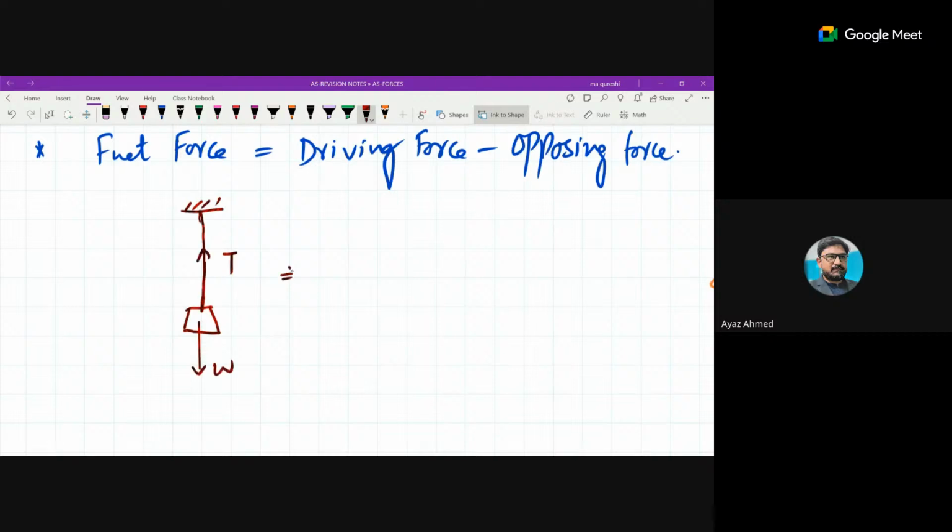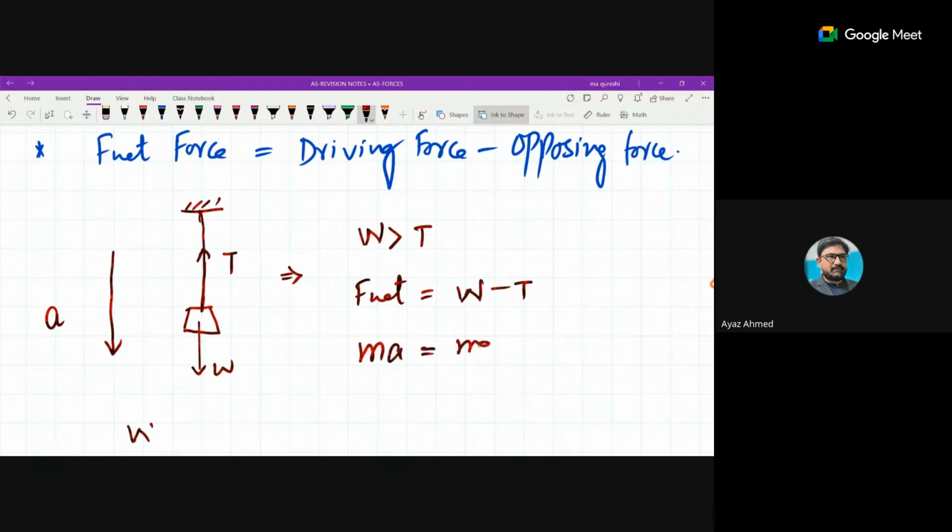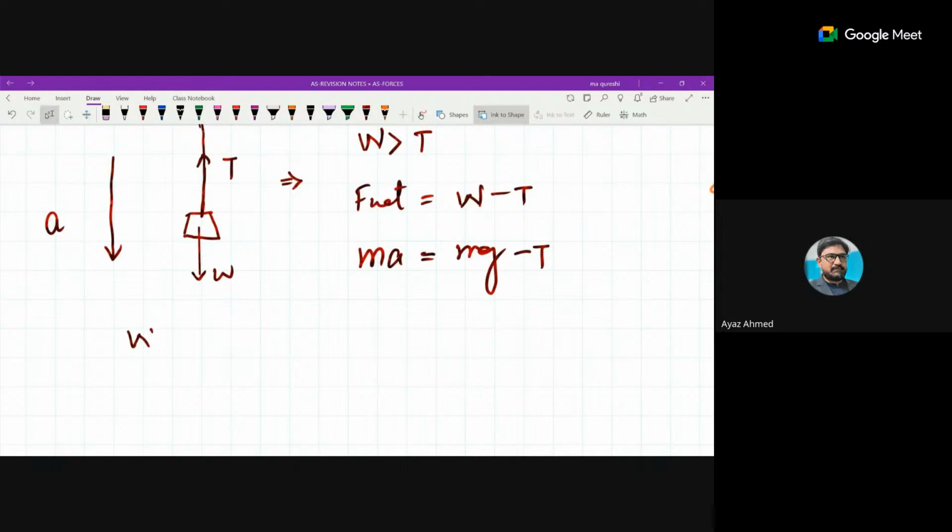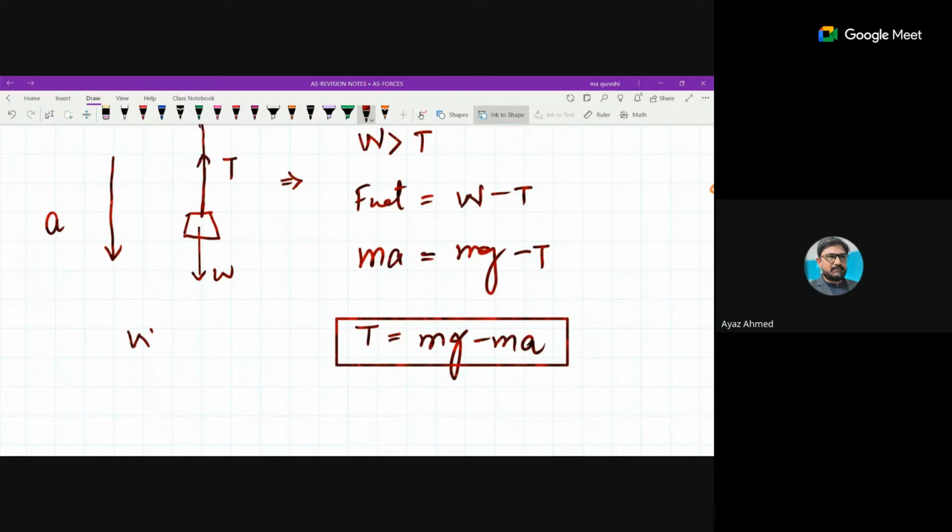So you can simply say that if the object is accelerating downward, then definitely the weight must be greater than tension, and your F net will be equal to weight minus tension, which shows that ma is equal to mg minus T. And in this case, you can find the tension: the tension on the string is mg minus ma. Right? Will you be able to remember this setup?